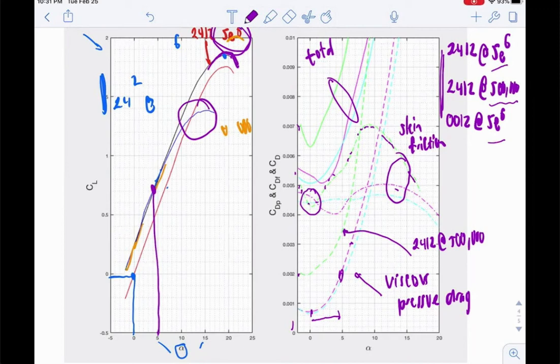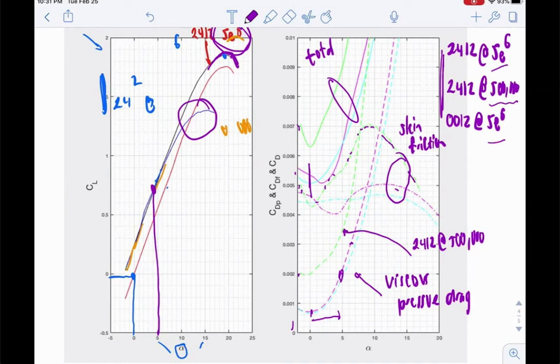But there are 2 hints that I think I can see here. One is that when I look at the cyan distribution, it is definitely symmetrical around angle of attack 0, which is that line I just drew. You see it's parabolic on either side of that, the total drag of the cyan line.